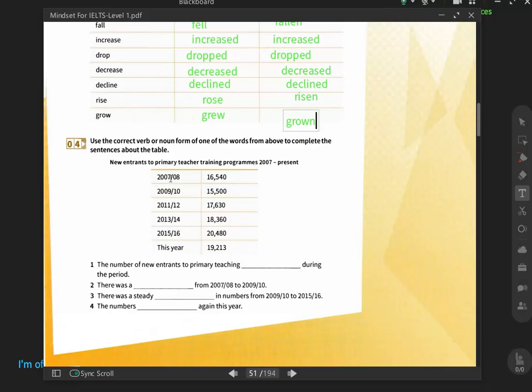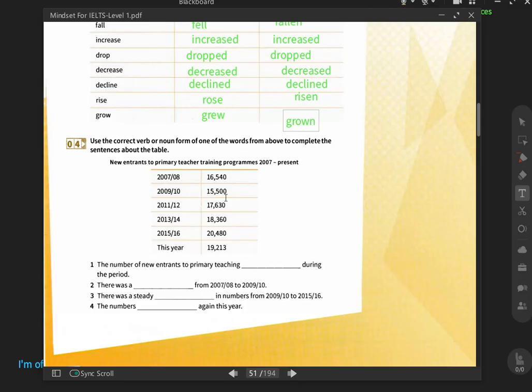During the period means since 2007 to this year. What happened to the number? Look at the number, then you can compare. It was 16,540. Now 19,213. So of course we have an increase here, right?